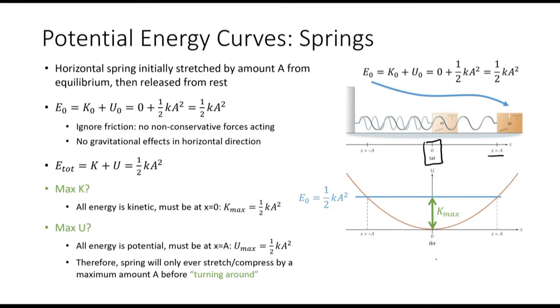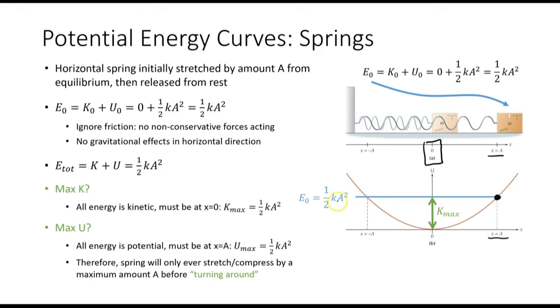Okay, so you get this red curve here for the potential energy due to a spring as a function of x. All right, and then we just said that we're starting off with this initial potential energy because we've stretched our spring to the position x equals A. And so our initial potential energy is given by this point on the curve over here, which has a value of 1/2 kA squared.